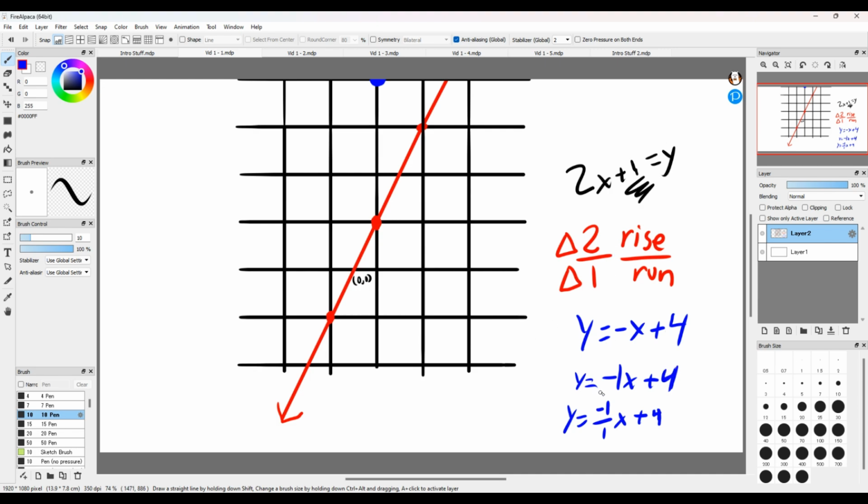So you go down 1 over 1 because it's negative 1 over 1. Again, this works in reverse, but we don't really have the space above the graph to do it. So we're just going to go down 1 over 1. I'm going to do this in purple.